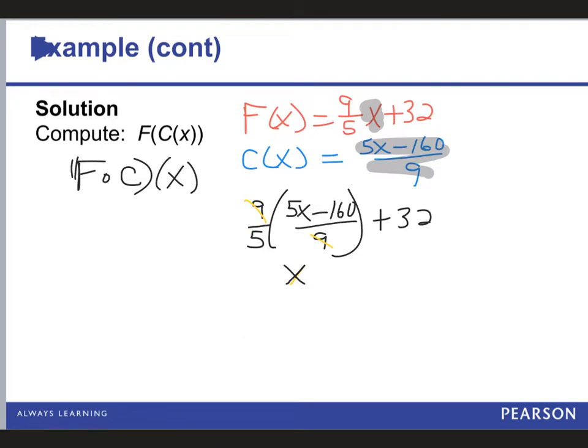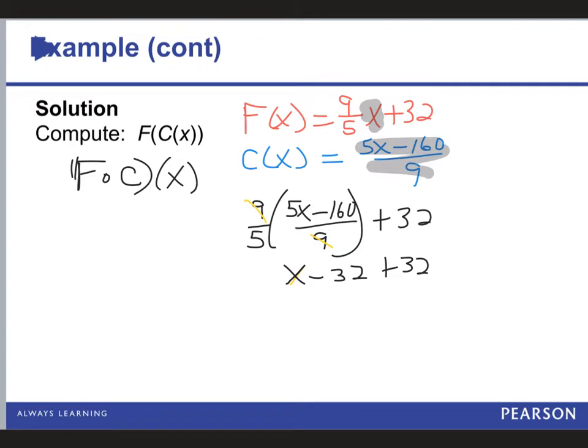So 5 goes into 160. Well, 16, it goes in there 3 times. That's 15. And then there'll be 10. So this would be 32. So 160 divided by 5 is 32. Why do I have a negative sign here? Because that negative sign was here. So it's the same. And then the last little step is to add 32.